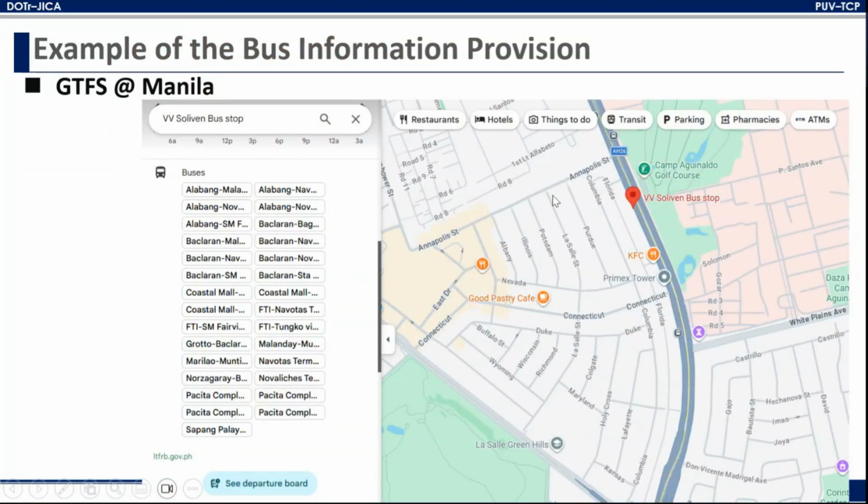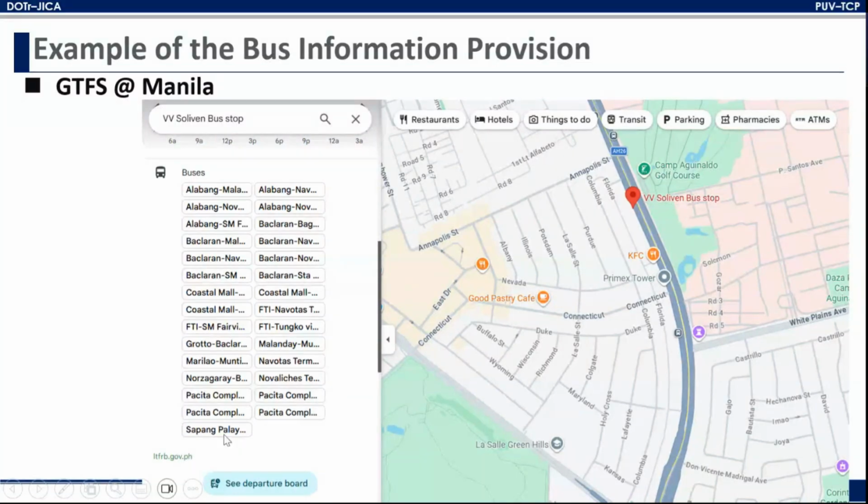Then by the way, I just reviewed the GTFS in Manila, around the Primex Tower. Several bus stops are shown, and so many buses are listed: 1, 2, 3, 4, 5, 6, 7.